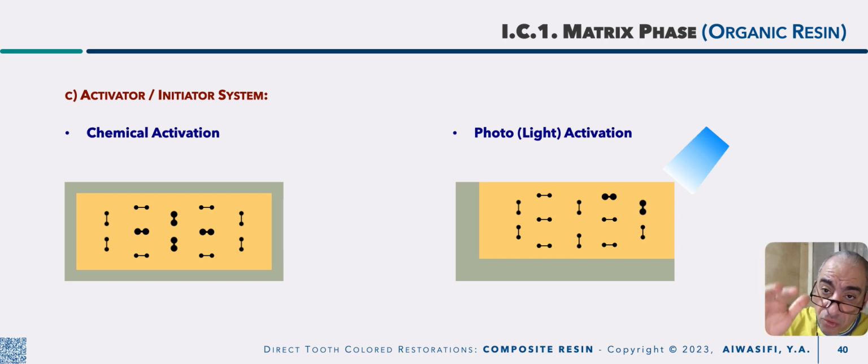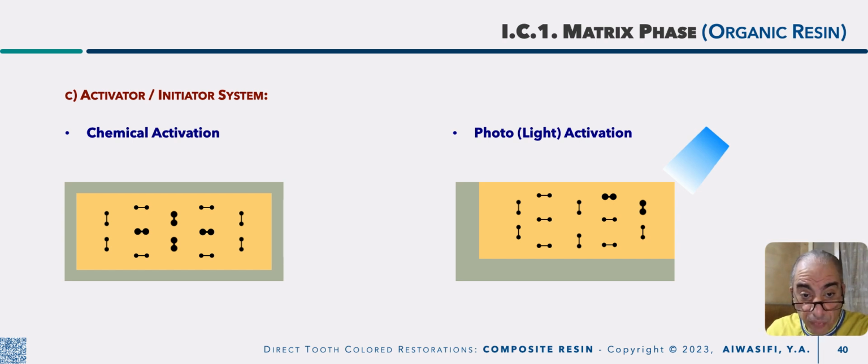It is also affected by the thickness of the material, because your light will attenuate as it goes deeper, and researchers proved that you need a maximum of 2 millimeter thickness of material. More than 2 millimeter will not be affected by the light activation, and the material will not undergo polymerization.